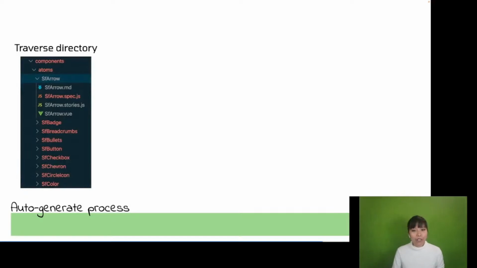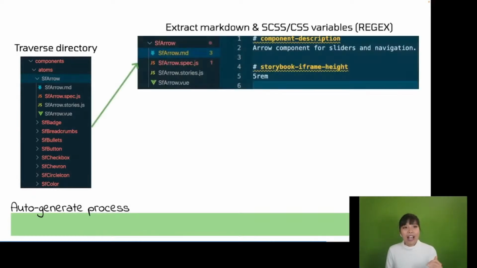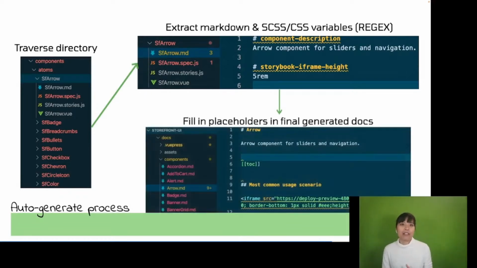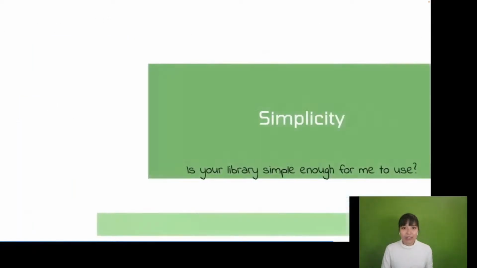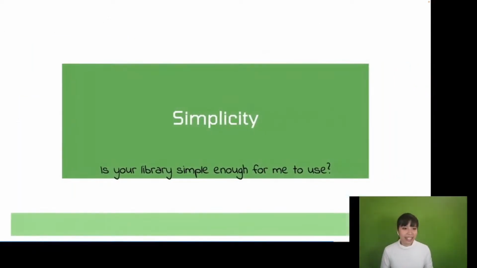So one of our team members, Eddie, built a process to auto-generate it by going through the directory and extracting all the markdown and all the CSS variables using regex, and then filling in the placeholders in the templates for the related documents, and then generating it. And that's it. We have the documentation taken care of.